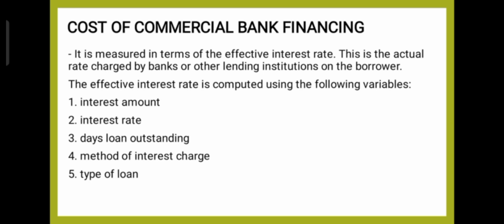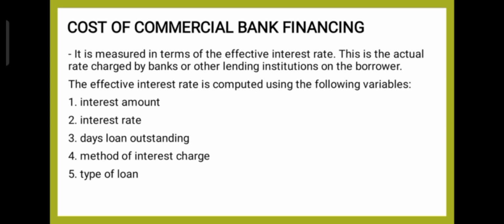The cost of commercial bank financing is measured in terms of the effective interest rate. So, nasusukat siya sa effective interest rate. Ito yung pinaka-rate charge ng bangko or other lending company sa mga nangungutang or naglo-loan.